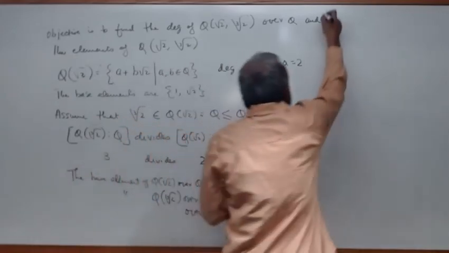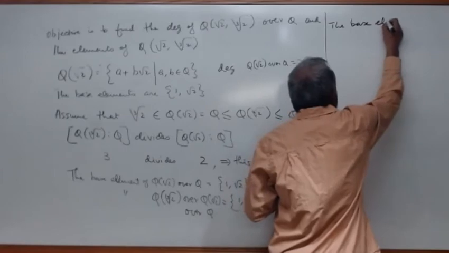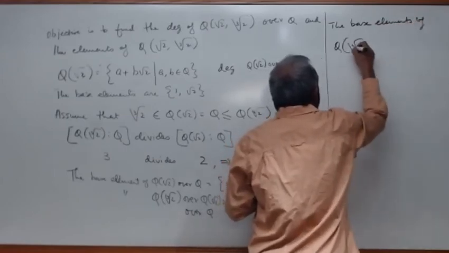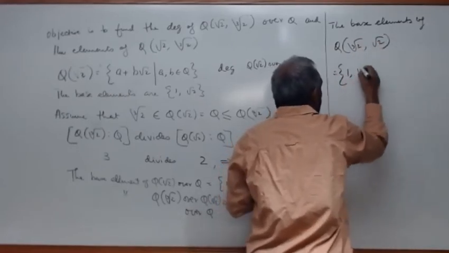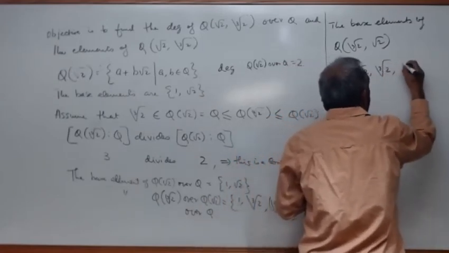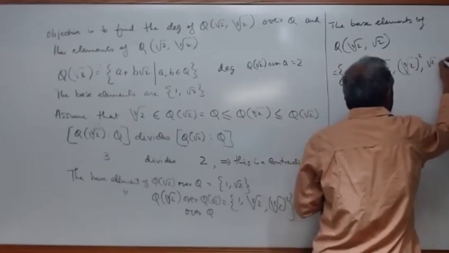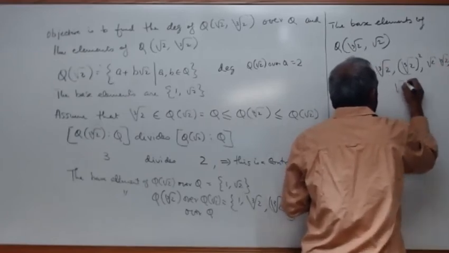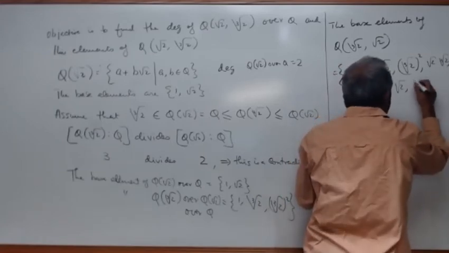So the base elements of Q(∛2, √2) are 1, √2, ∛2, (∛2) squared, √2 times ∛2, then √2 times (∛2) squared.